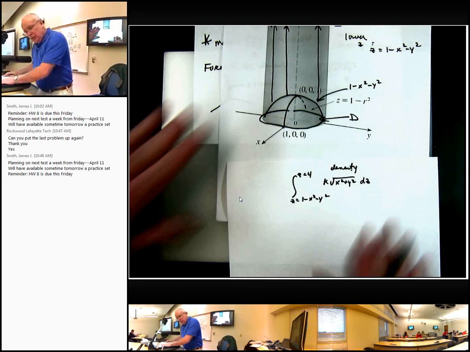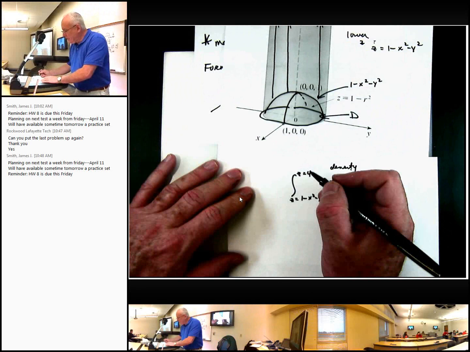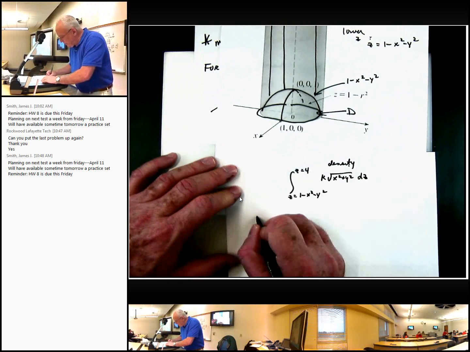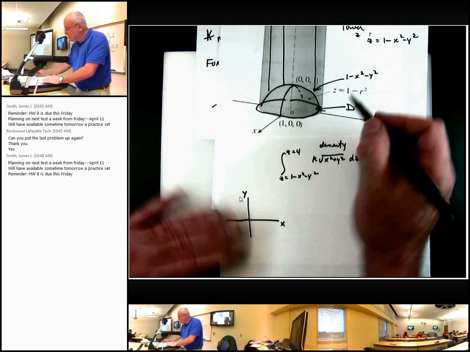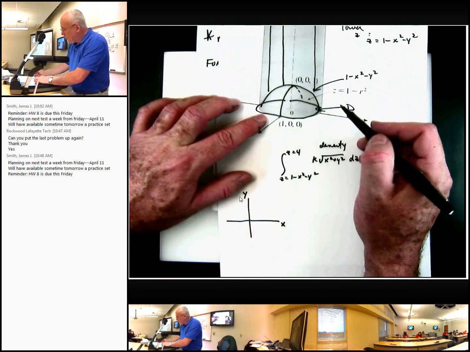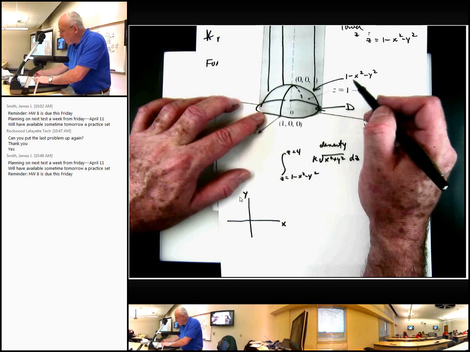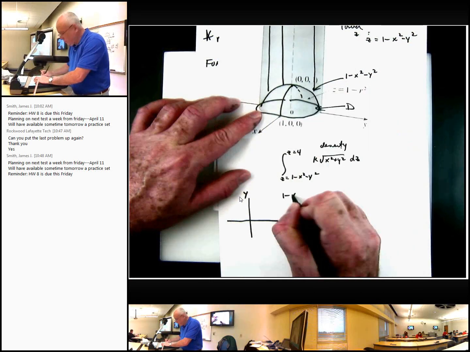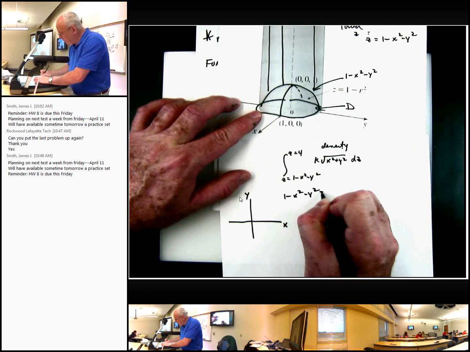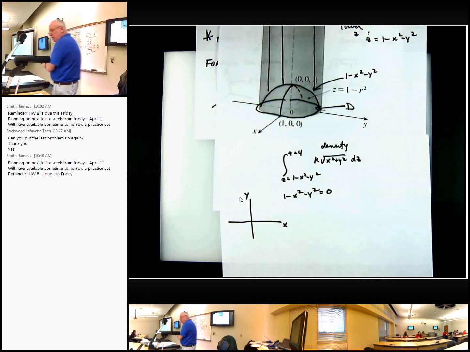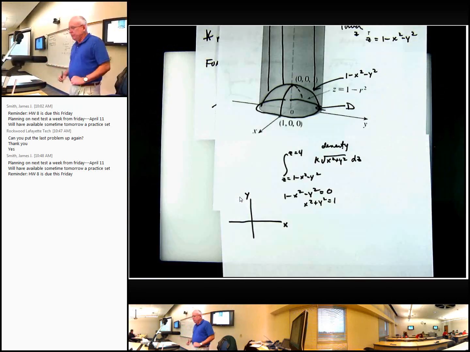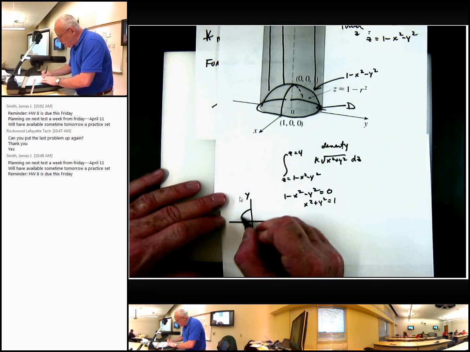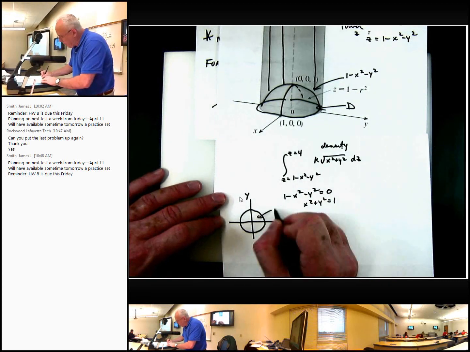Strictly in terms of rectangular coordinates, let's look at our D. This is going to be where 1 minus x squared minus y squared equals 0, where that hits the xy plane, which is the same, of course, as x squared plus y squared equals 1. So that's going to be a circle of radius 1. This is our D right here.